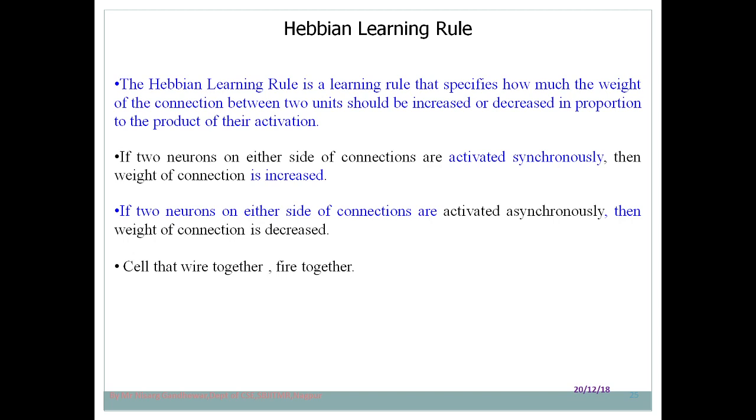And if two neurons on either side are not activated simultaneously, that is asynchronously, not at the same time, then the weight has to be decreased. These are the two important rules given by Hebb, for when the weight has to be increased and when it has to be decreased. It is well explained by a single line: cells that fire together wire together. This is the main concept of Hebbian learning.